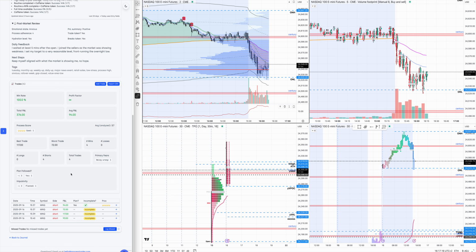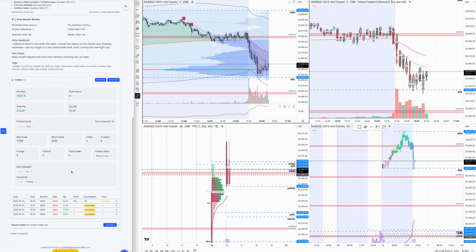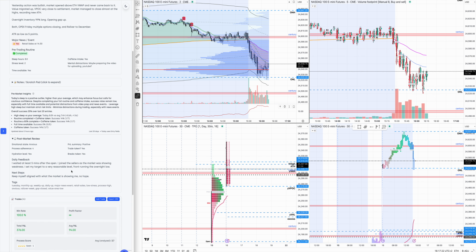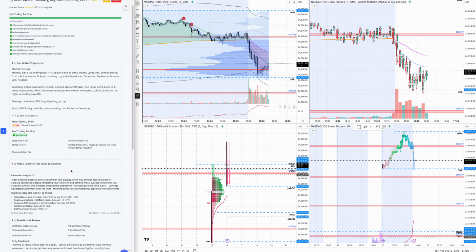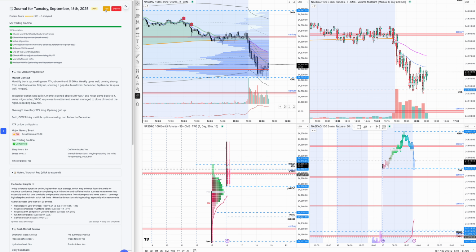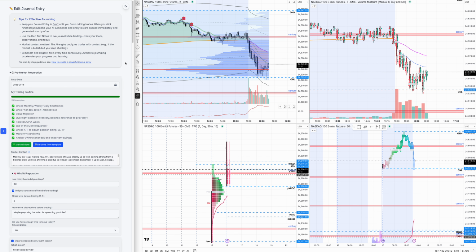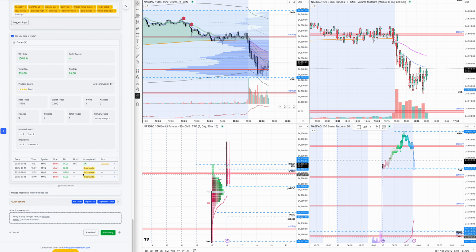And that's it. This is the whole idea of journaling using Process Trader. I won't finish the day now, I will just complete the next 3 trades.